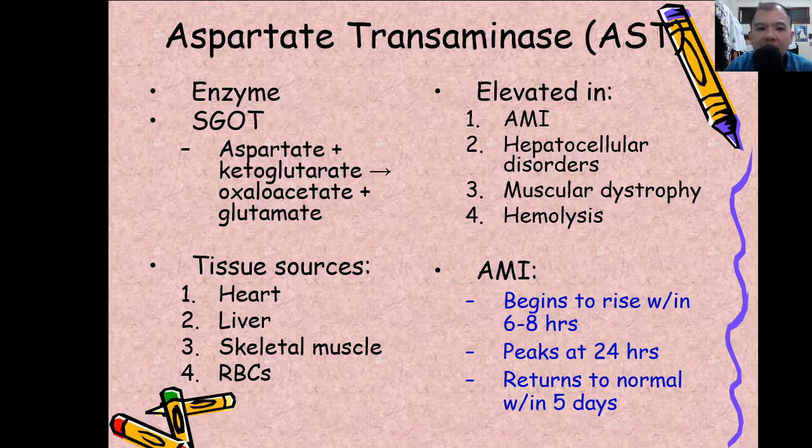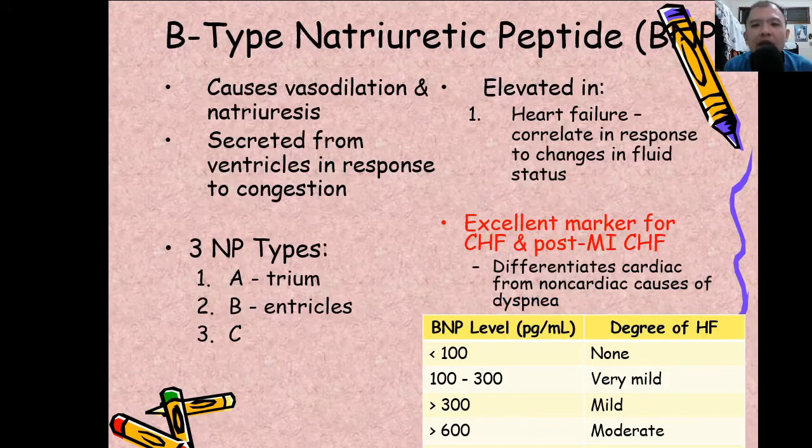Beta natriuretic peptide is quite familiar to you because it was mentioned in the regulation of blood pressure. It is a peptide that causes vasodilation and natriuresis.